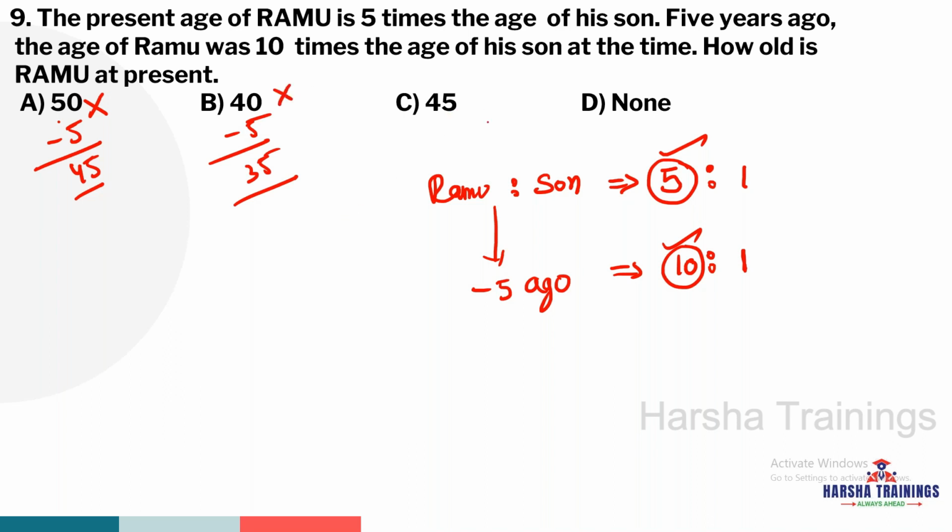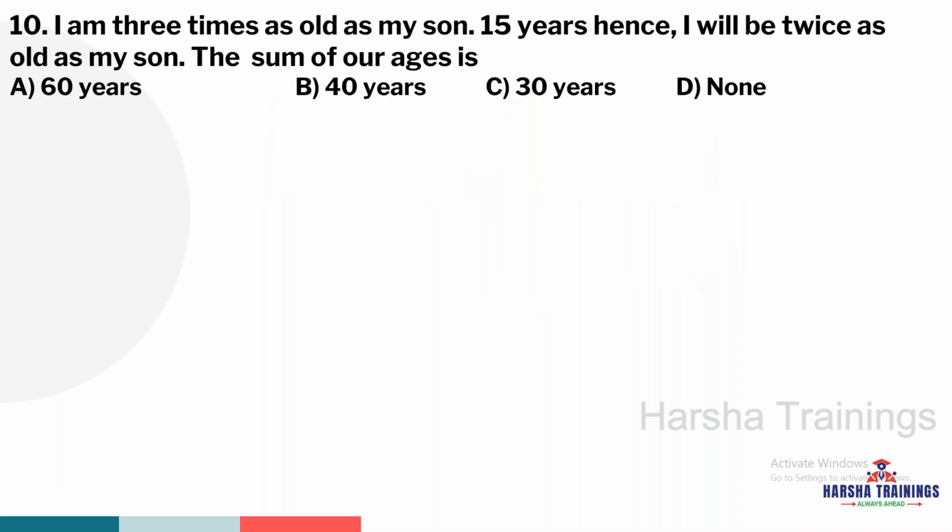Next, 45. 45 is a multiple of 5? Yes, 5 nines are 45. 5 years ago, 45 minus 5, 40. 40 is a multiple of 10? Yes, that's why option C is the right answer. Is it clear, guys, all of you? Okay, so move on to next question.